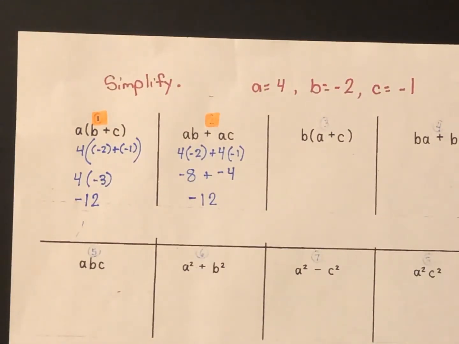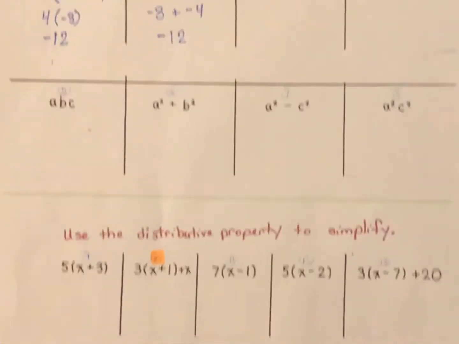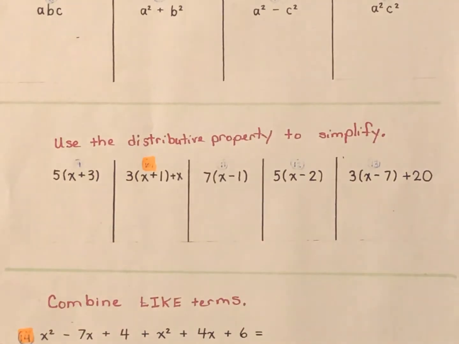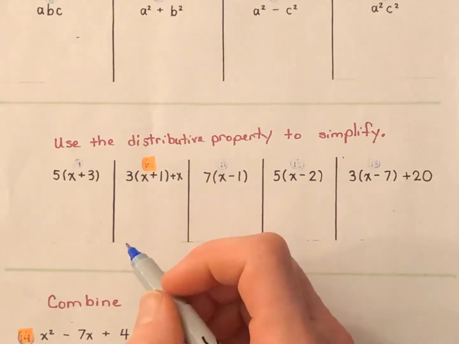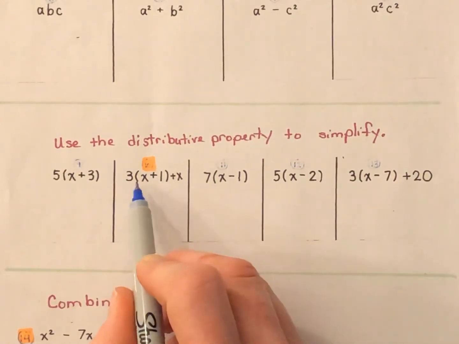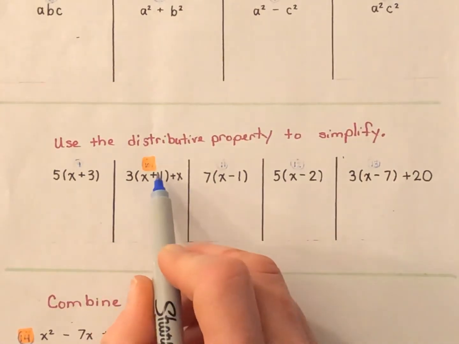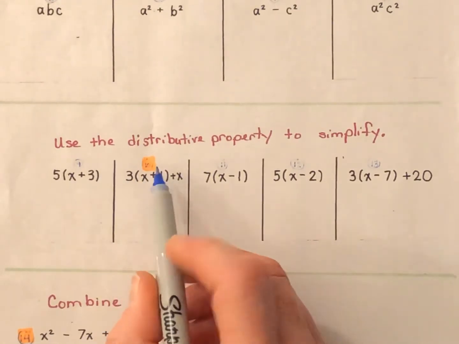Let's move down to the middle part. We'll do one in the middle and then one on the bottom. The middle part is the distributive property. This should be a review, but just in case, since I don't get to see you, I'm going to do one with you, just to be sure. So in the distributive property, we're going to distribute the 3 to the x plus 1, because that's inside the parentheses.